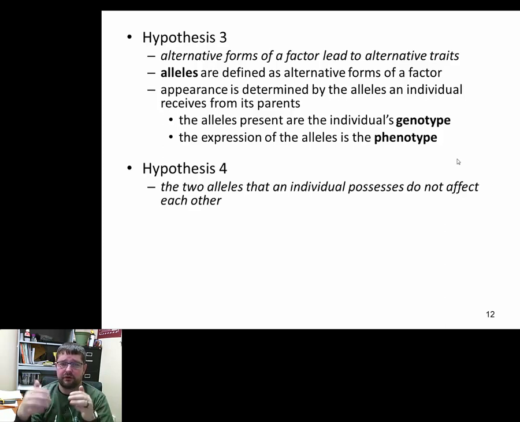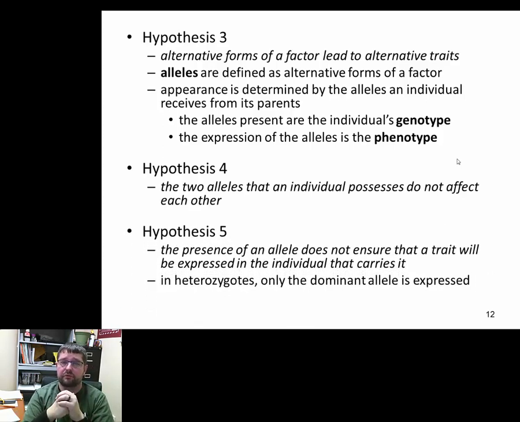And we'll talk about some variations to this. His hypothesis number 5 was that the presence of an allele does not ensure that the trait will be expressed in individuals that carry it. Okay? So heterozygotes will only show the dominant allele as it's expressed. And we also know that hypothesis number 5 is also not true.